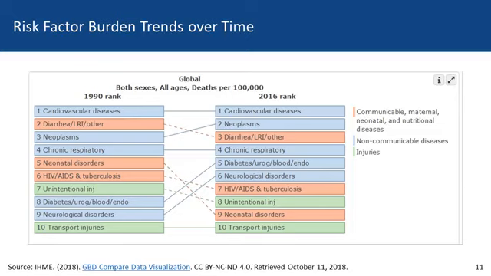This depiction also groups the different types of disease causes by type, such that in the orange are communicable diseases, maternal and neonatal diseases, and nutritional diseases. In the pale blue are non-communicable or chronic diseases, and in the pale green are injuries.